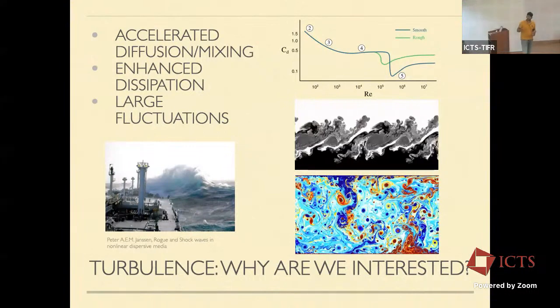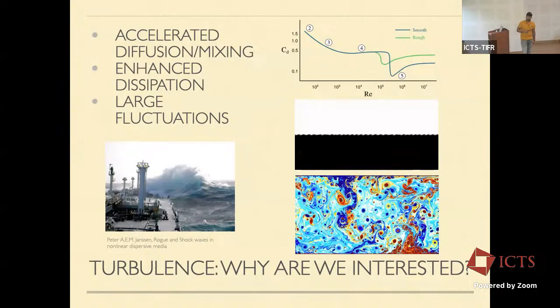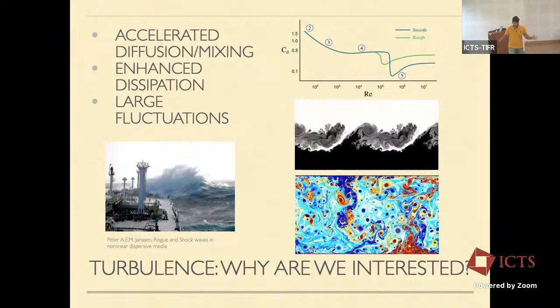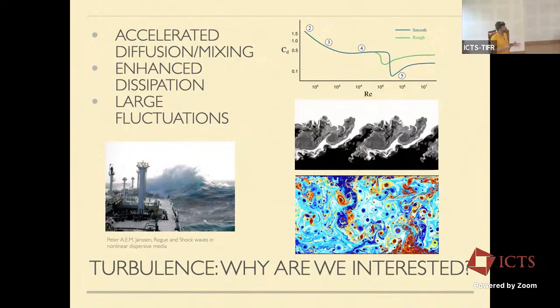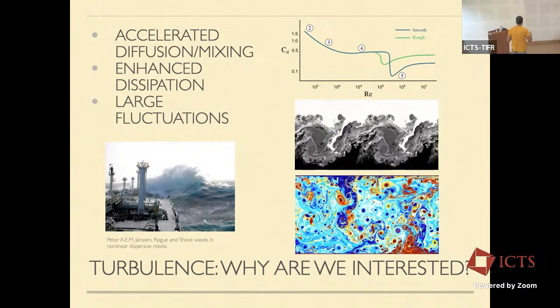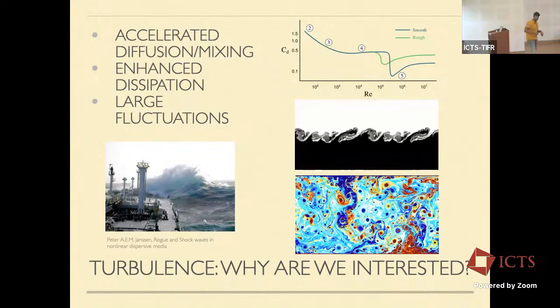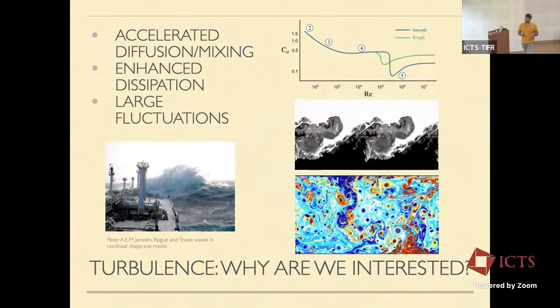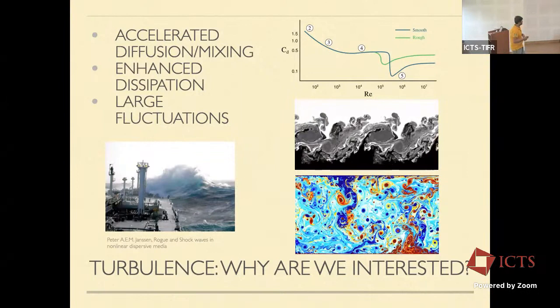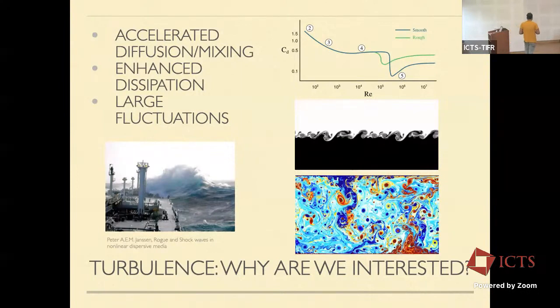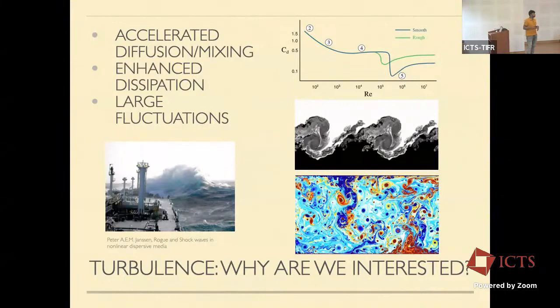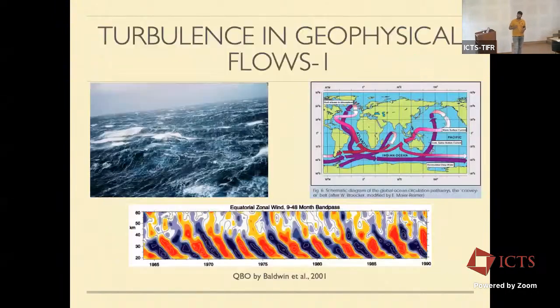So here I show waves on the surface of the ocean, and because of some nonlinear interactions, you can have some localization and lead to some rogue waves. So there's a lot of interest in studying extreme events, even in the context of climate. So turbulence leads to all these different phenomena, and understanding turbulence helps us to at least understand certain of these things which we see here.